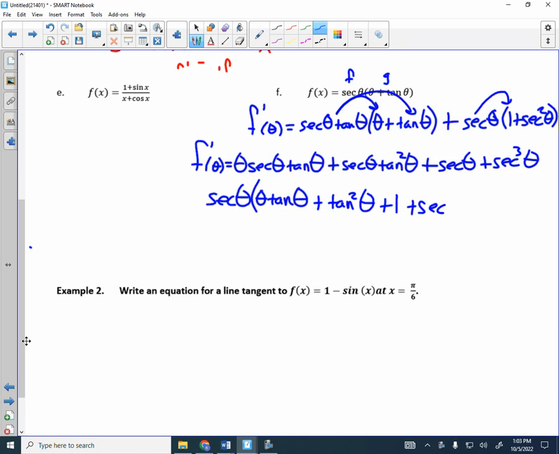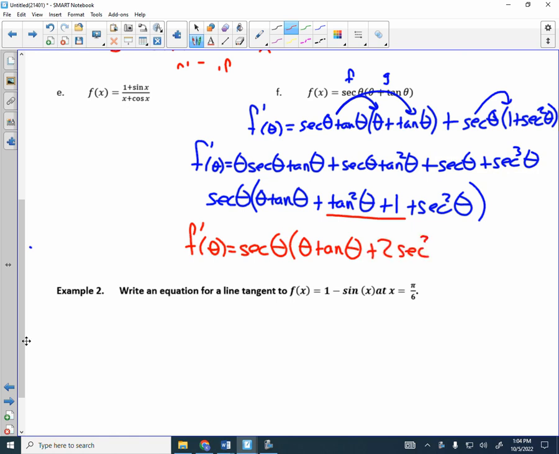Plus secant squared theta. Is there somebody out there who can tell me what is 1 plus tangent squared? Secant squared. So this piece becomes secant squared. So what do you get if you take secant squared plus secant squared? 2 secant squared. So f prime of theta is equal to, we have the secant times theta tangent of theta plus 2 secant squared of theta.